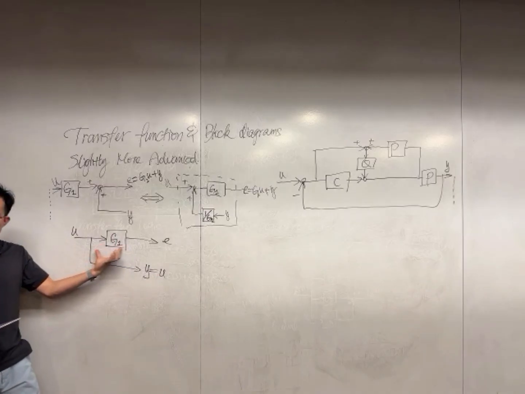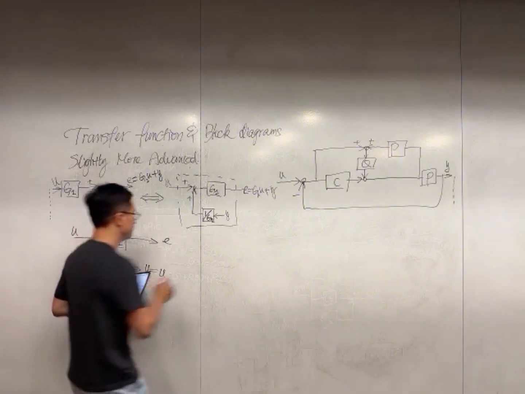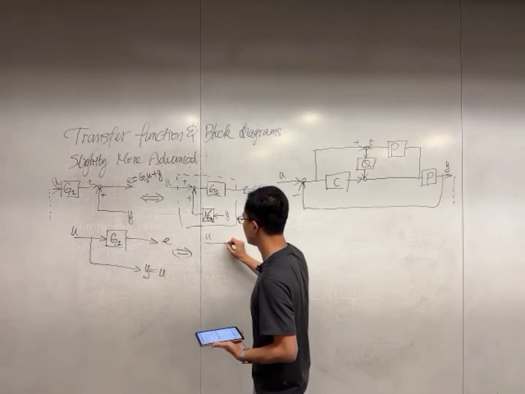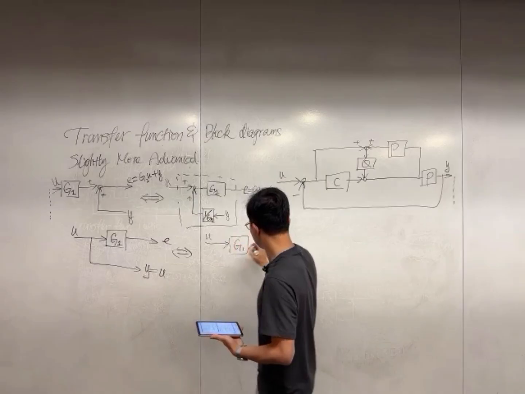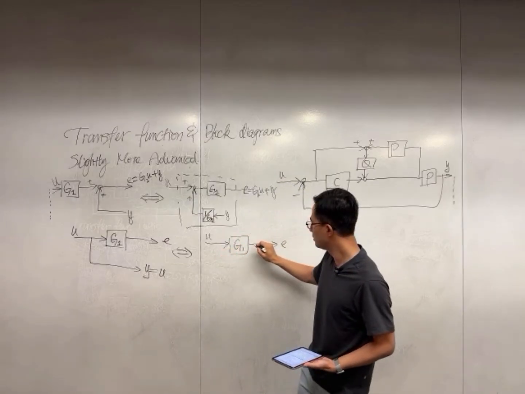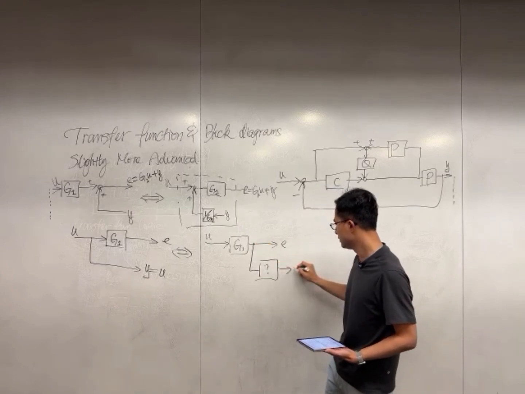Now I want to move the pickoff point. I want to move this one to the right-hand side. So I want to pick up from here. So this is still a question mark yet.